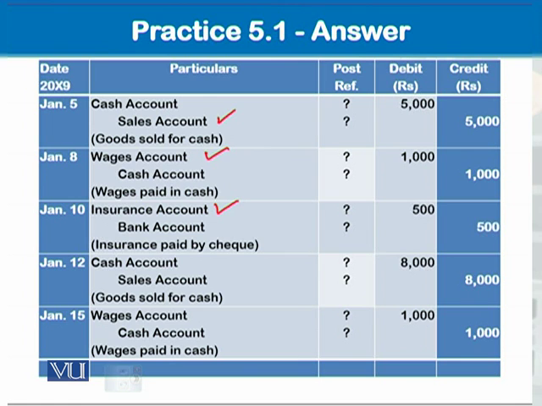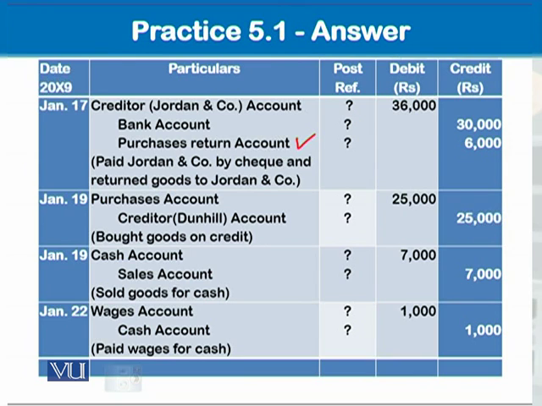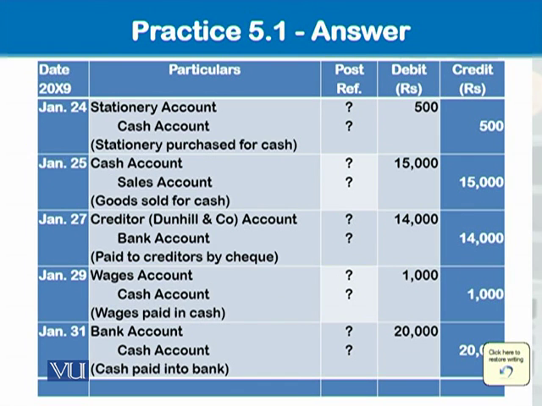Then comes creditor Jordan, we have already taken. Yes, purchase return is the new accounting head. And creditor Dunhill is a new accounting head coming up. And then stationery is a new accounting head. And the rest are repeating: cash, sales, creditor Dunhill, bank, wages, bank, cash.